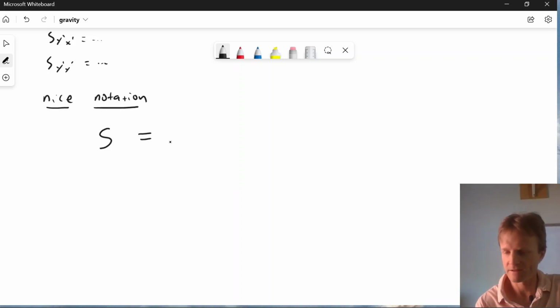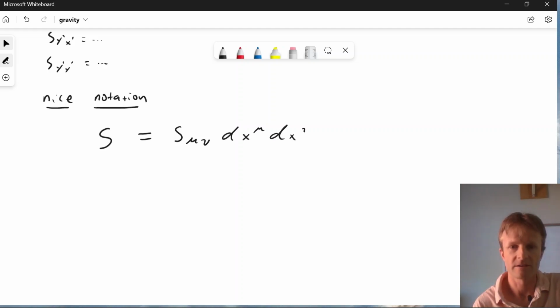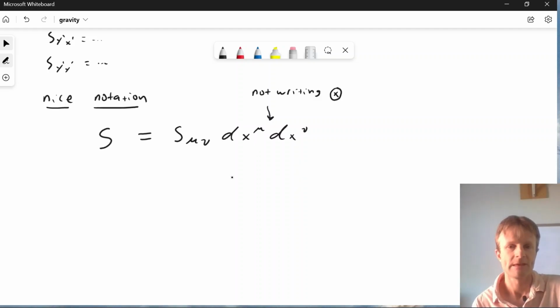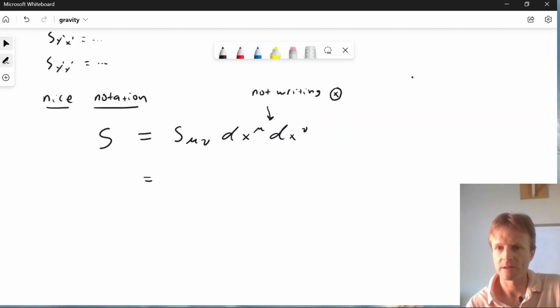I can write the abstract tensor S as S mu nu dx mu dx nu. Now, there was a tensor product in here. I'm not writing it. Right, so the idea was this is a 0-2 tensor. Its basis is formed from tensor products of one forms. And so this is the abstract equation for it. And now I can write it out. So remember what S was. I'll just put it on the board again. It was 1, 0, 0, x squared.